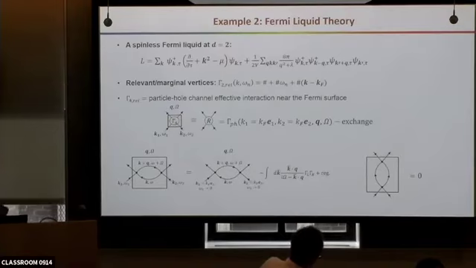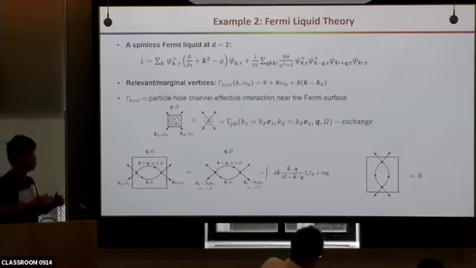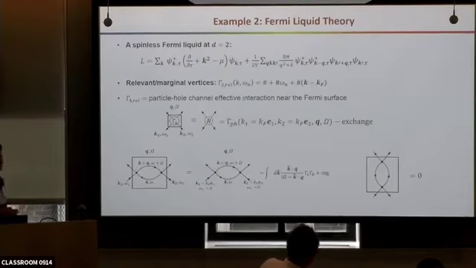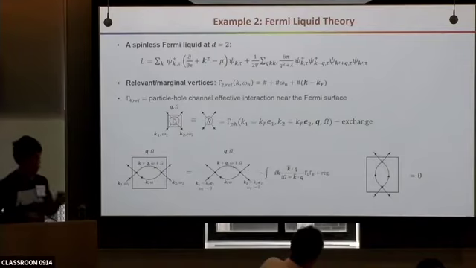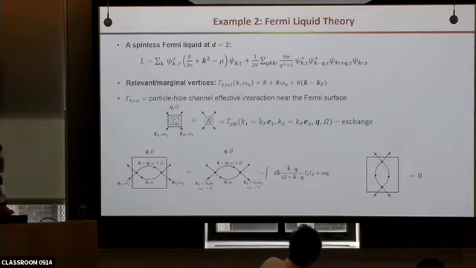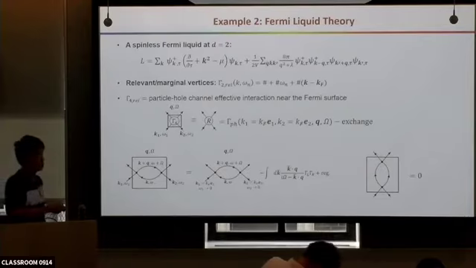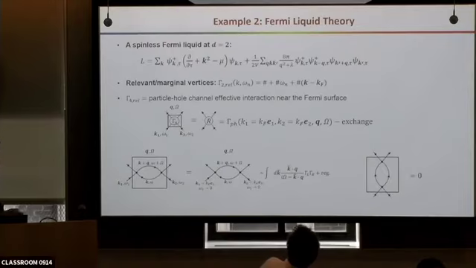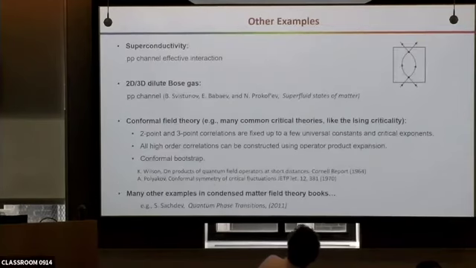Second, it will send all external momenta to the Fermi surface, and all external frequencies to 0. However, it should keep the transfer momentum and transfer frequency the same. This is very important. Otherwise, you are not going to capture the singular piece in your vertex function. Okay? So that's 2 examples, and there are more examples.